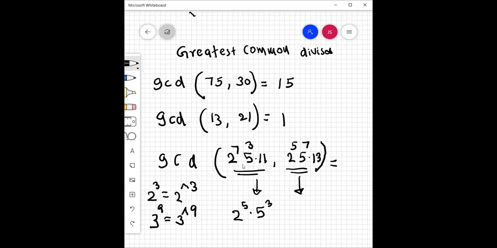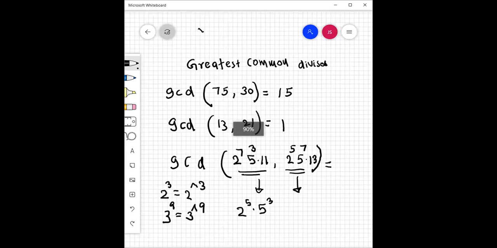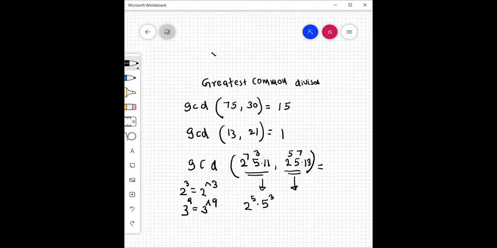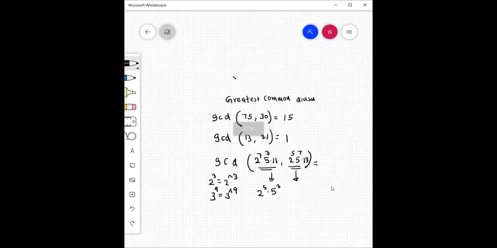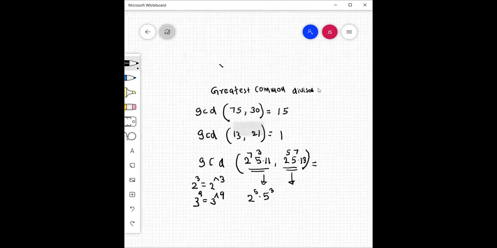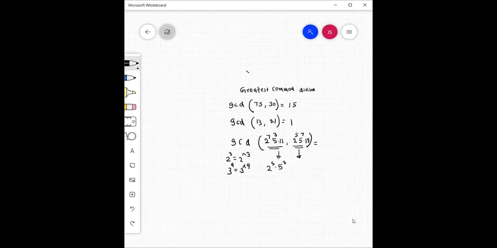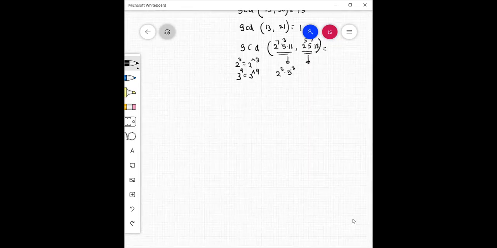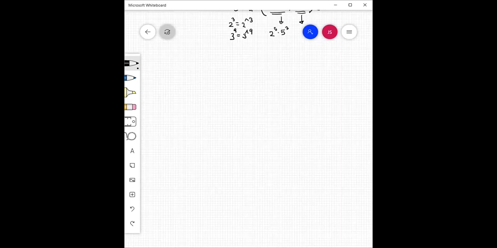So you know very well the meaning of greatest common divisor, right? Okay, I already posted today's note. However, I'm writing the definition again.